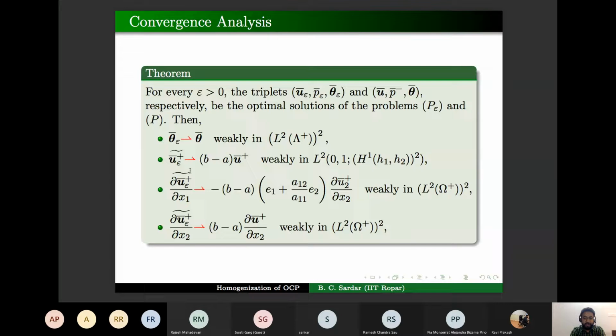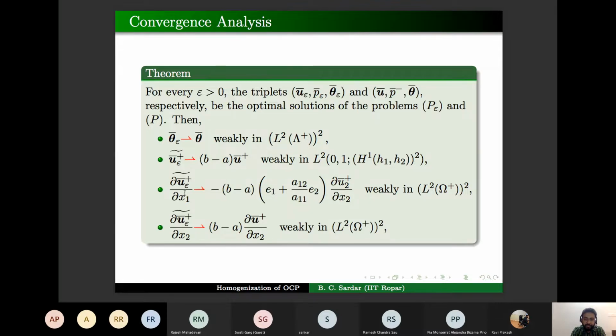First we obtained weak convergence for the optimal control, theta epsilon bar weakly converges to theta, and the velocity profile, u epsilon plus extended by 0, will converge to u bar, u plus bar with some appropriate weight b minus a, and correspondingly also the derivative convergence.